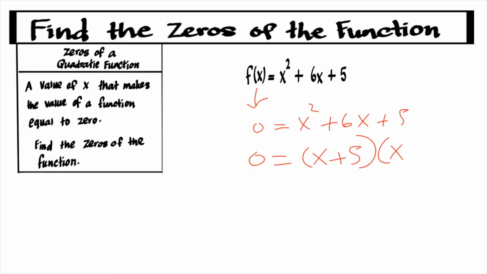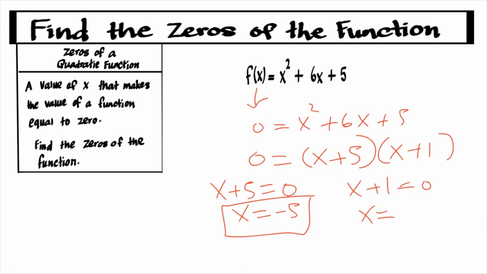So once I factor, I get x plus 5 times x plus 1. Now set each quantity to 0. Solve for x. So x is negative 5, x is negative 1. So if I were to put these back into the equation, I would get 0.